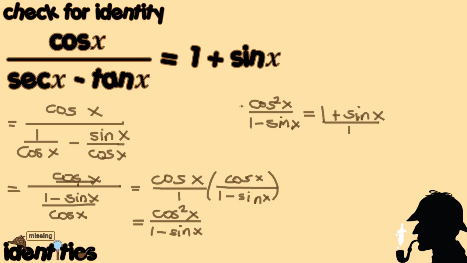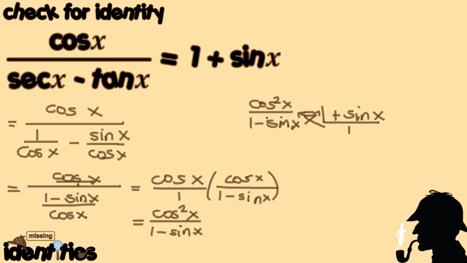The extremes are this term and this term. We're going to multiply that. And the means are these terms here. We're going to multiply that as well. Or, in simpler language, we are going to cross multiply. If the products are equal, then these two form a proportion. Hence, we have established an identity.